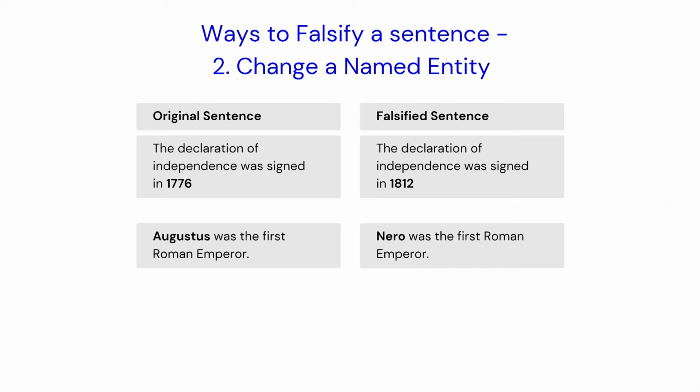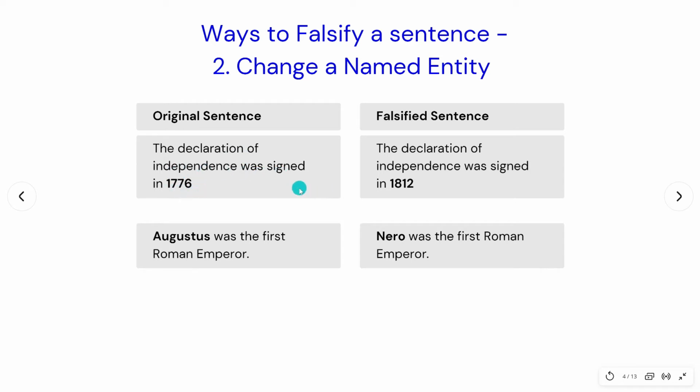The second way to generate a falsified sentence is to change the named entity. A named entity here could mean some year or person name or place, location or time, things like that. So you identify a named entity and you change it. Let's say the original sentence is: The Declaration of Independence was signed in 1776.